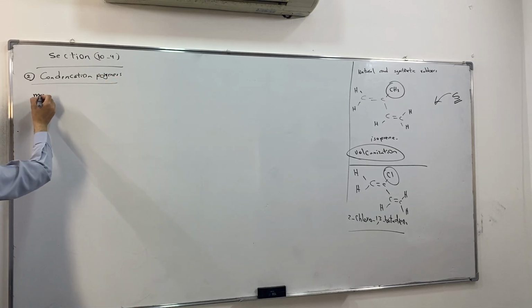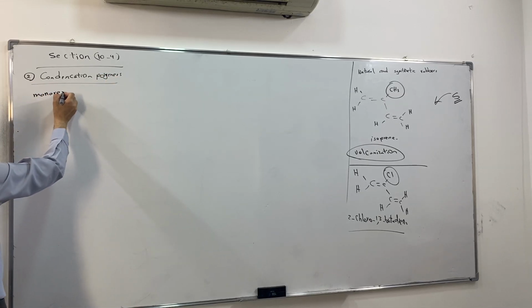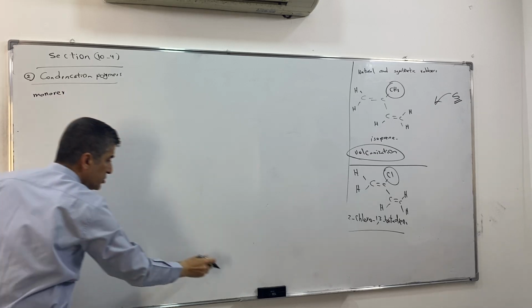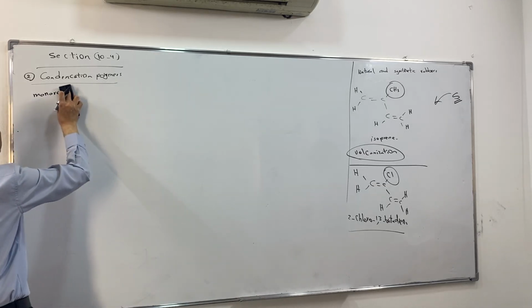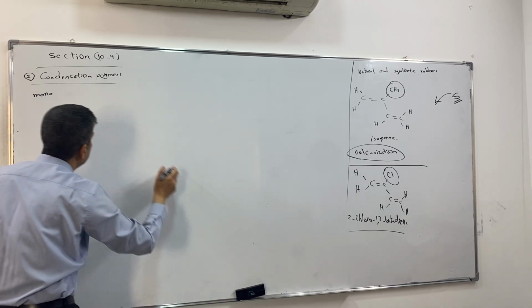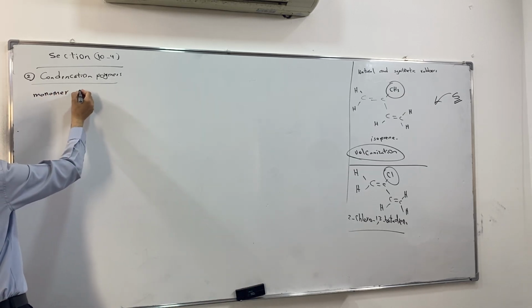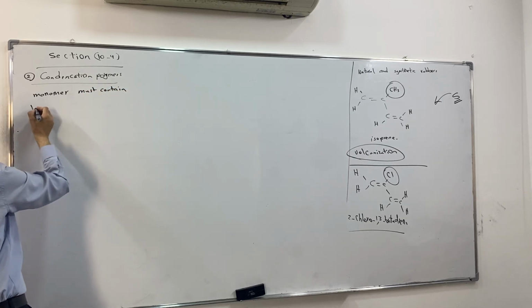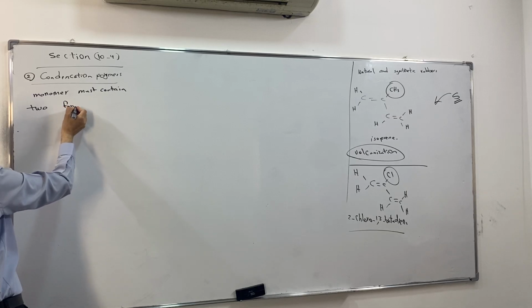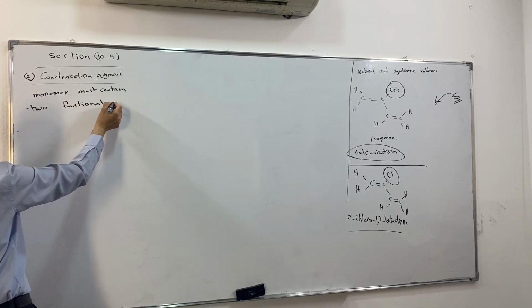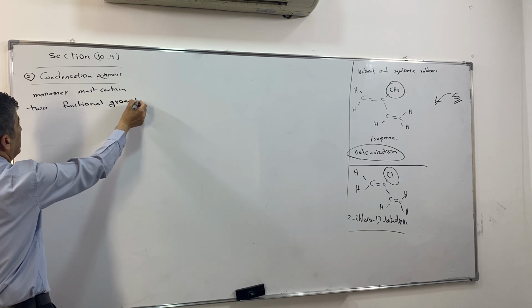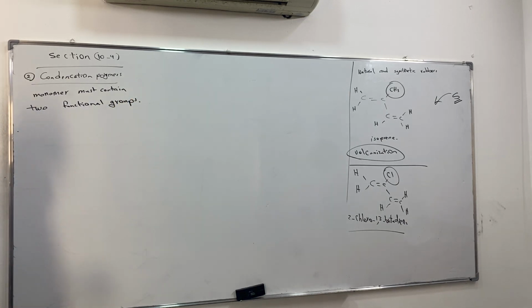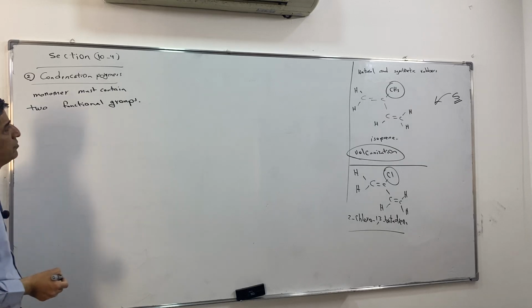The monomer must contain two functional groups. That means a molecule containing one functional group cannot be used in condensation polymerization. The monomer must contain two functional groups.